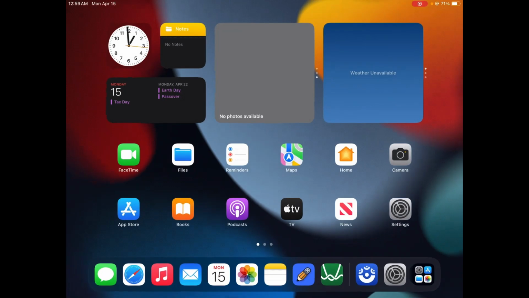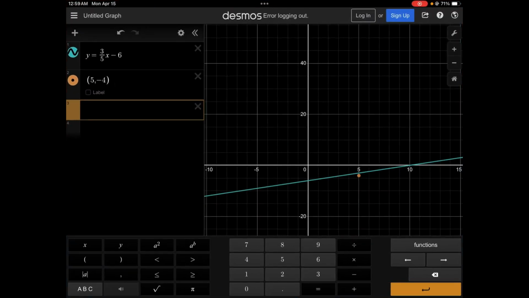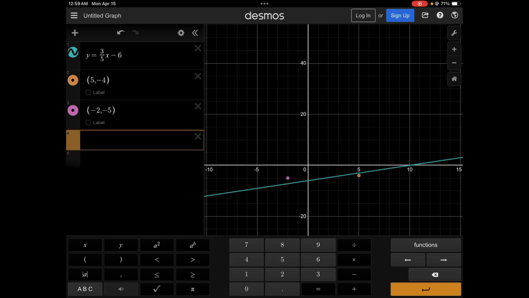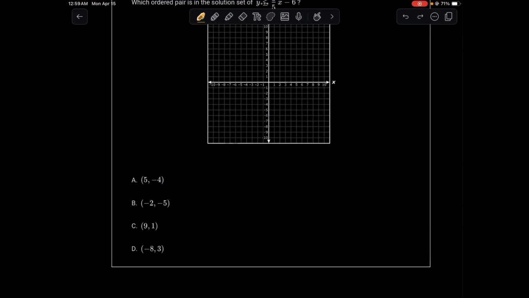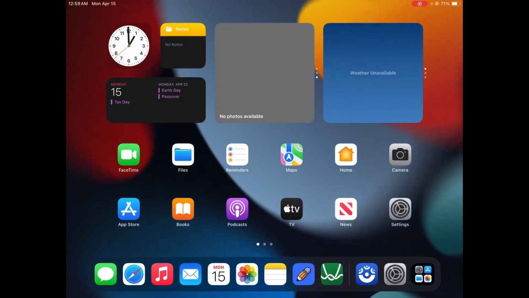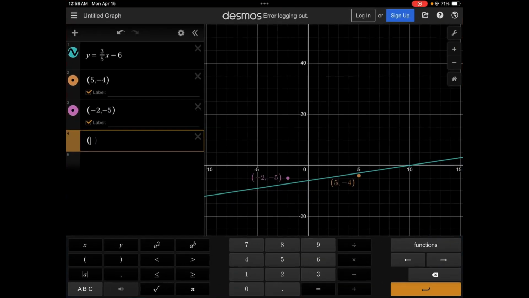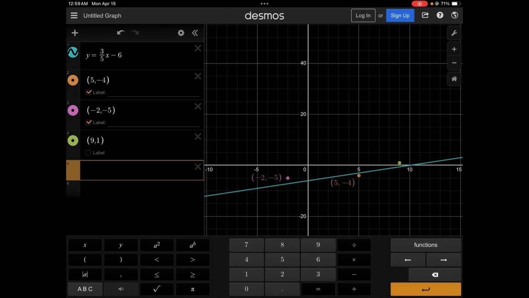(-2, -5), and let's see the overall picture. (-2, -5). That is above. That's not in the solution set. Okay. Let's label those two. We have (9, 1) and (-8, 3).